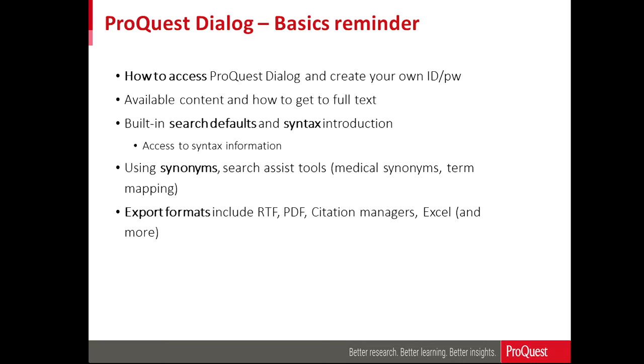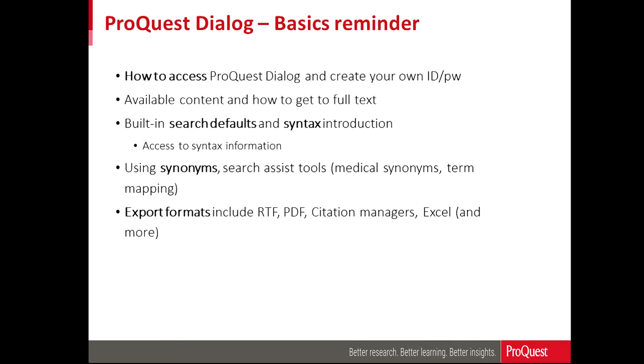We talked about, during searching, using synonyms as a basic tool in searching to help give you a more robust search, a more comprehensive retrieval. There are also search tools within the platform to help you build a more comprehensive search. Sometimes they're useful, sometimes they're less useful, but you have options to use the medical synonyms or the hyperlink.